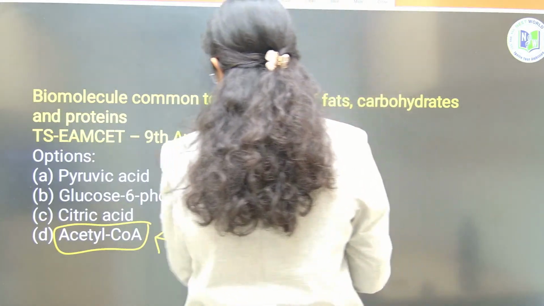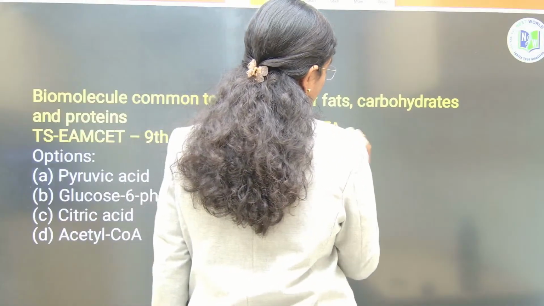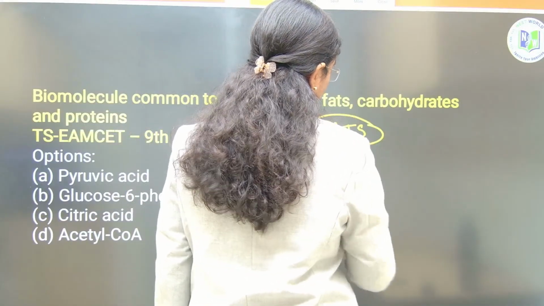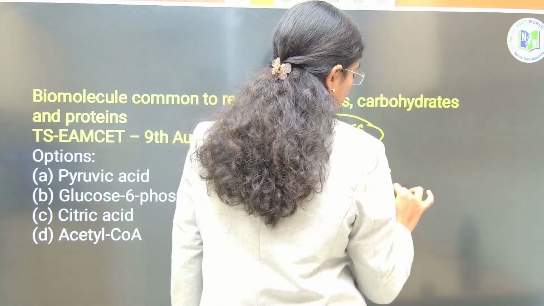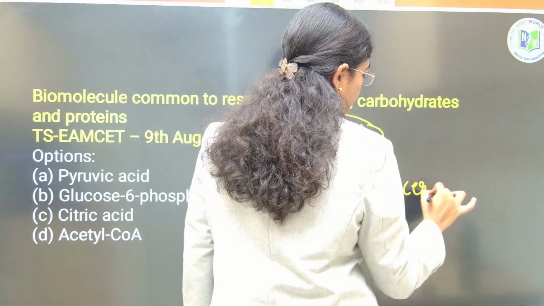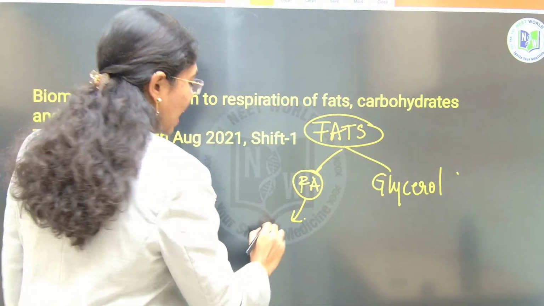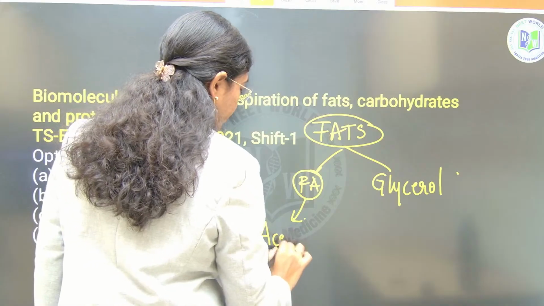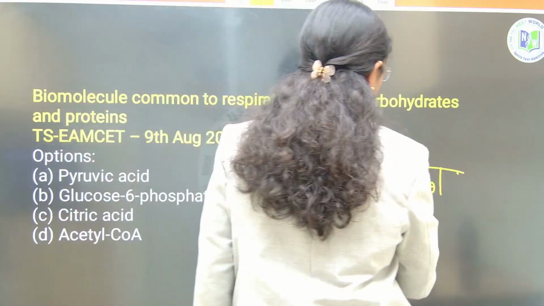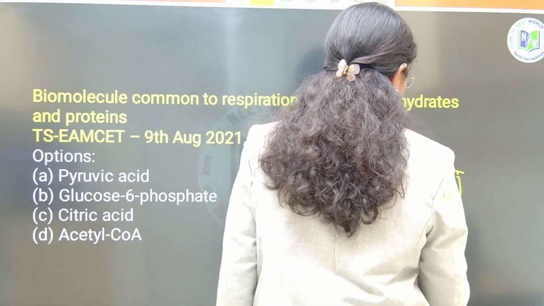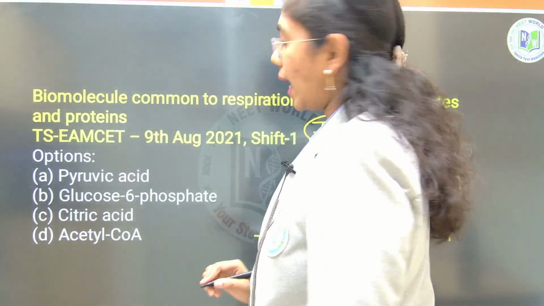Here I will tell you, see. When fats break to fatty acids and glycerol, fatty acids will enter the cycle through acetyl-CoA, glycerol through DHAP, or you can also consider phosphoglyceraldehyde.